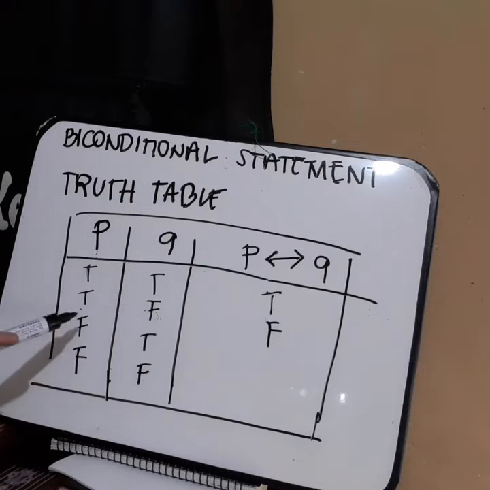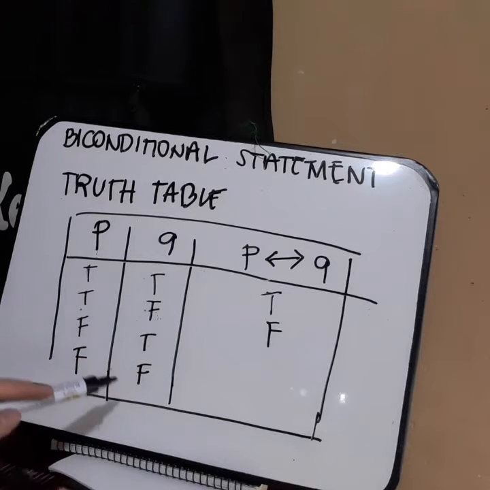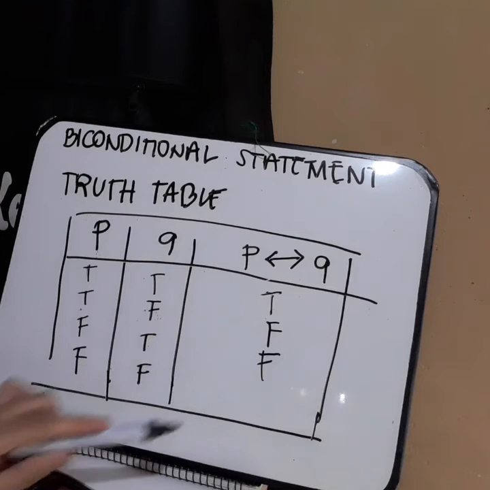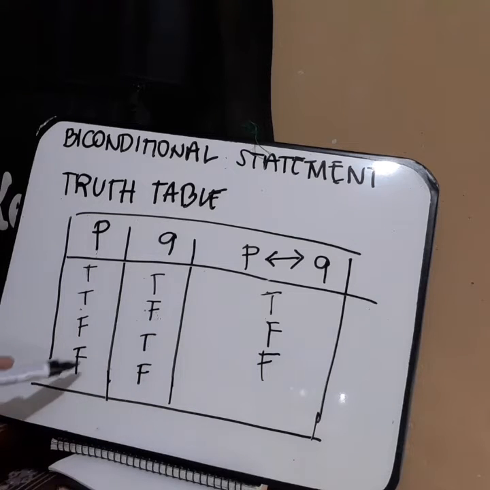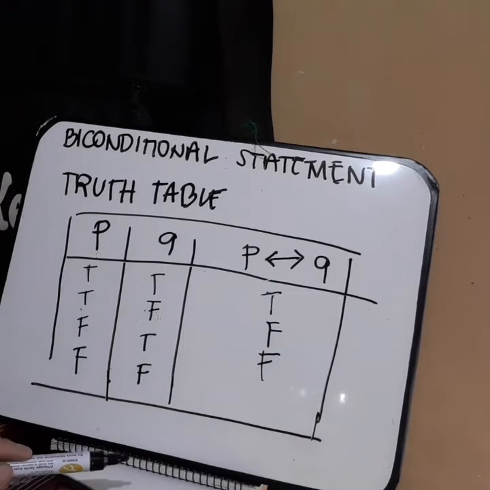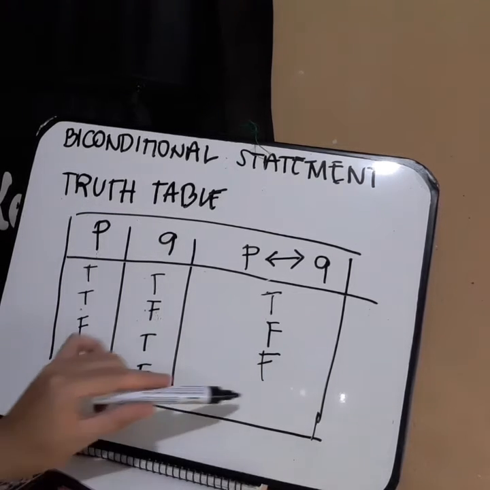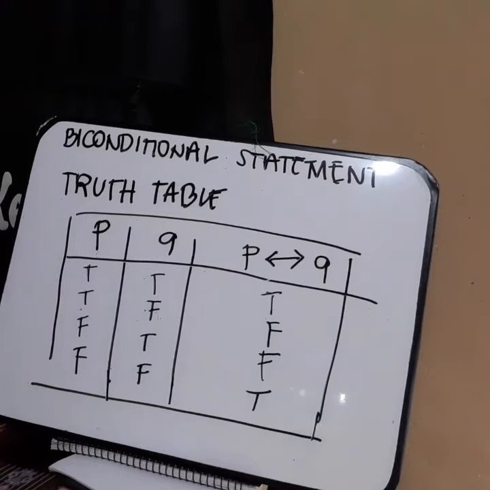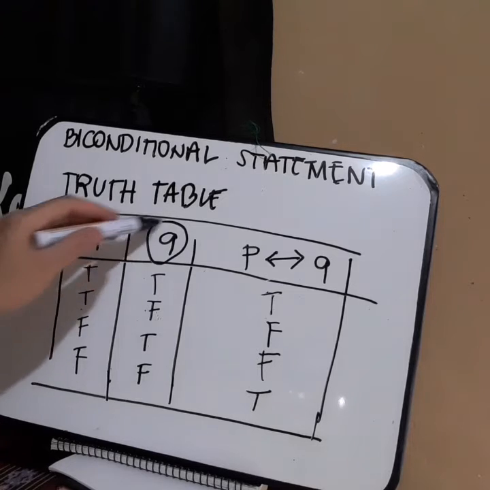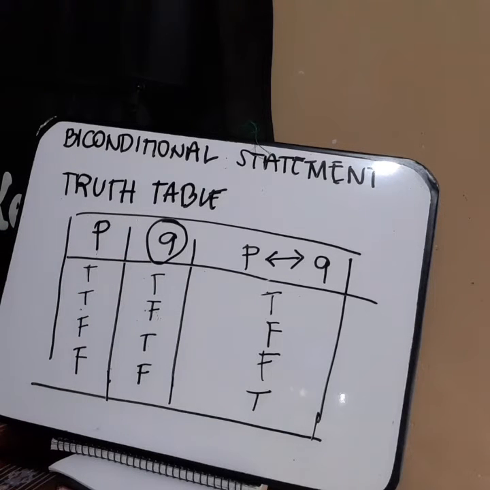How about here? False, true, the answer will also be false. And here, if both are false, the answer will be true. So, in the biconditional statement, we're not going to follow the conclusion Q statement.